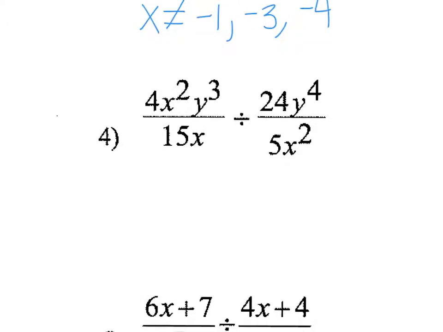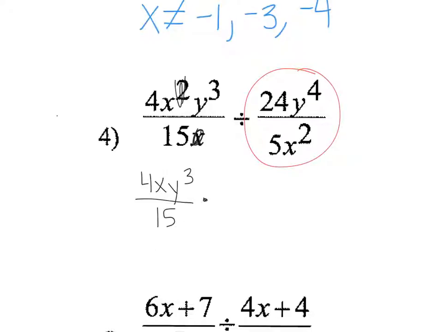So number 4, see, I would cancel this off the bat. X squared divided by x is just going to give you x. So now you have 4xy cubed over 15 times, I would switch this over to be 5x squared over 24y to the 4th.